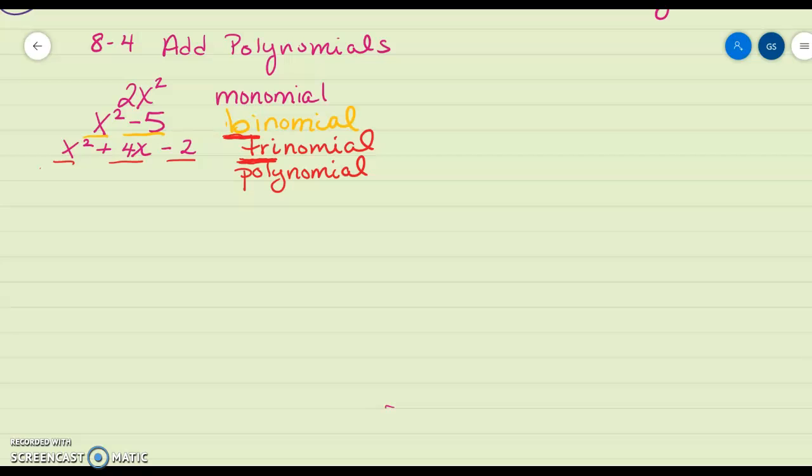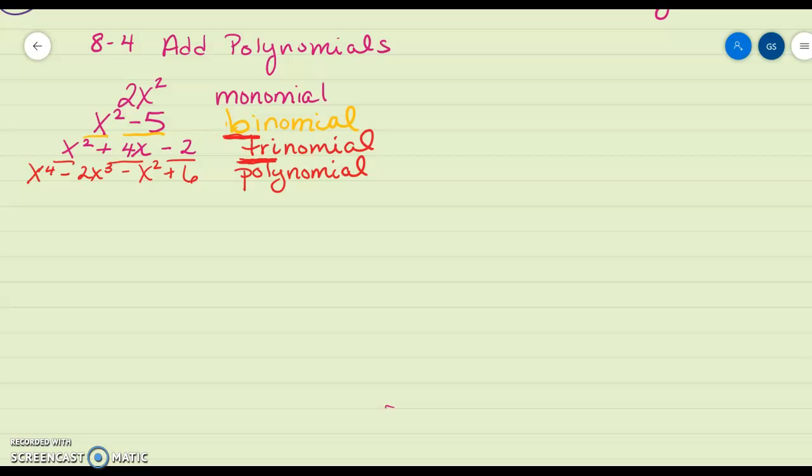And then you have something like this: x to the fourth minus 2x to the third minus x squared plus 6. That's a polynomial. It has more than one term, and it also is not a binomial or a trinomial.